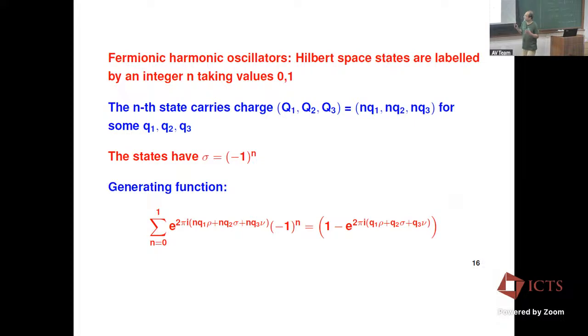So n runs from 0 to 1. The second difference is that the fermions carry sigma equal to -1. So every time you add a fermion, you put a -1 for sigma. So 0 fermion state has sigma equal to 1, but 1 fermion state will have sigma equal to -1. So the generating function is given by this sum over here, and that's given here.